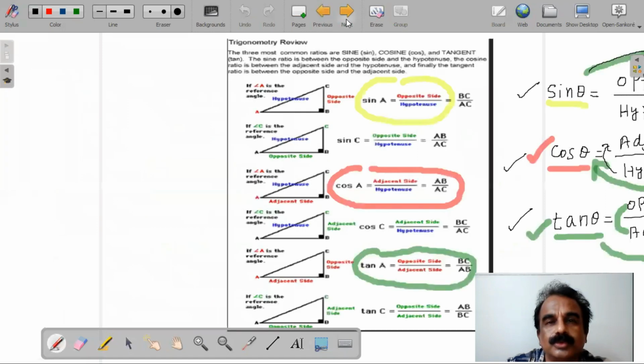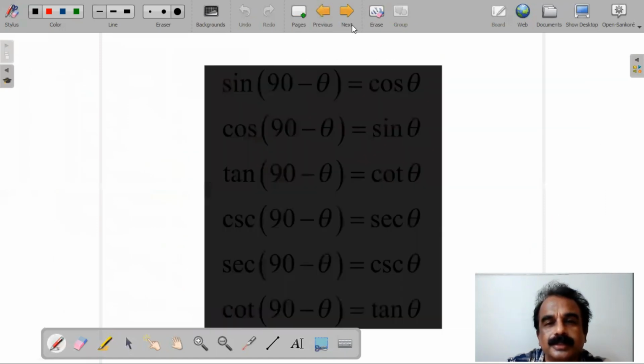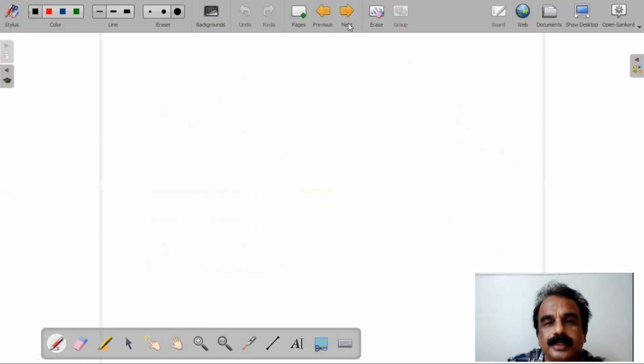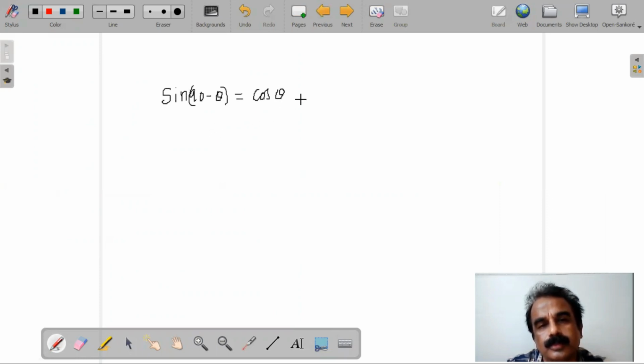Then let us move to other identities. Another important identity is sine 90 minus theta is cos theta. Then cos 90 minus theta is sine theta. Also, sec 90 minus theta is cosec theta.